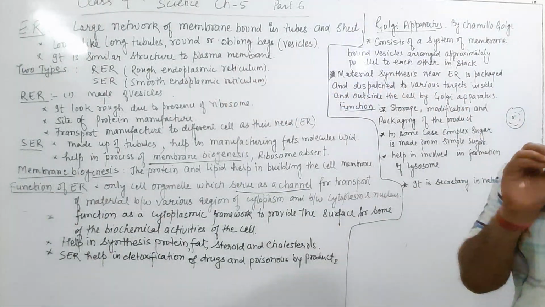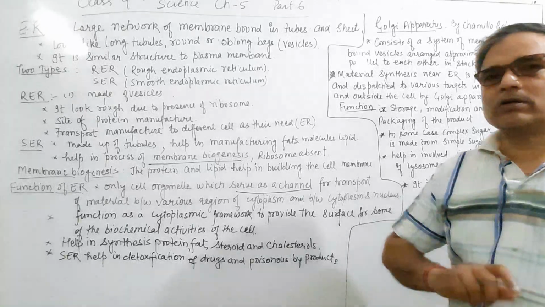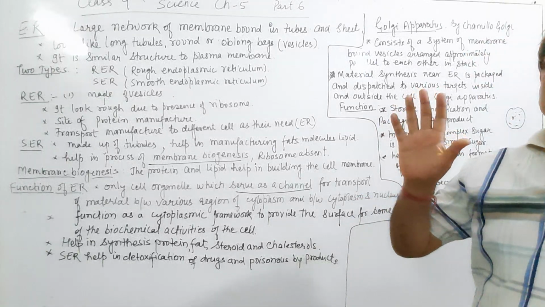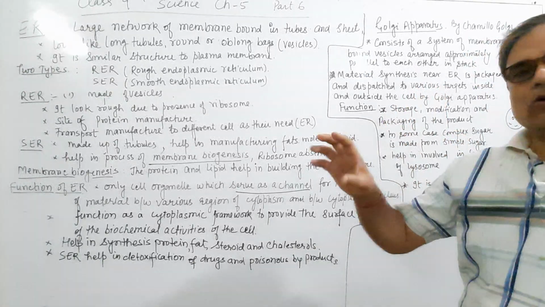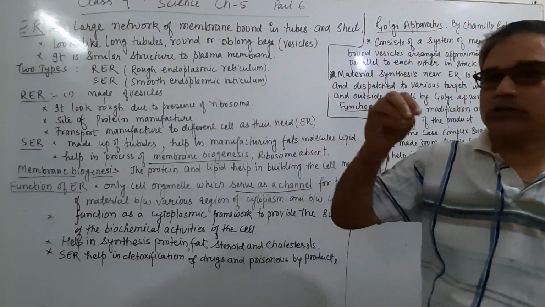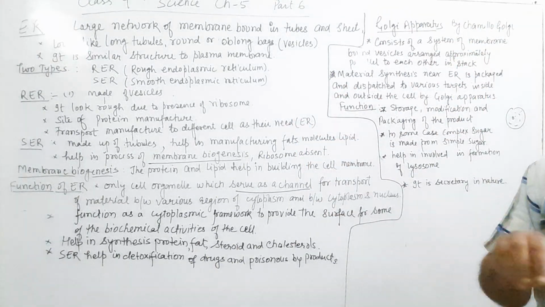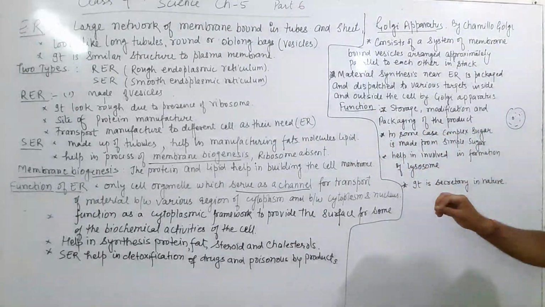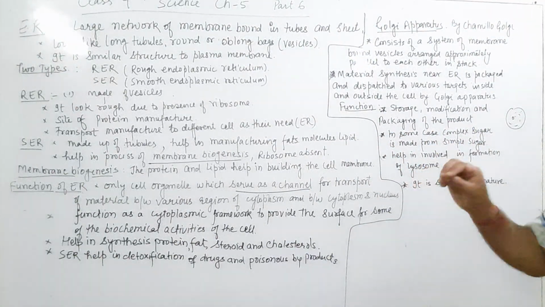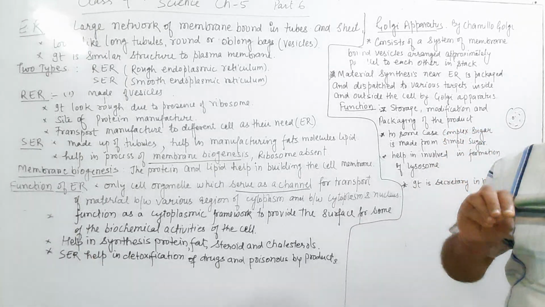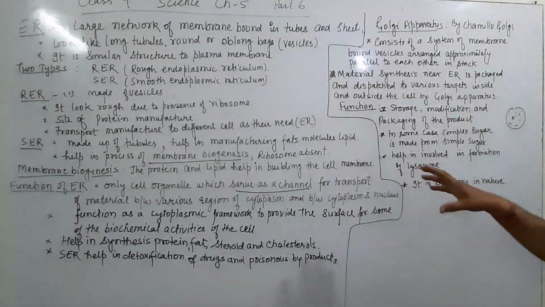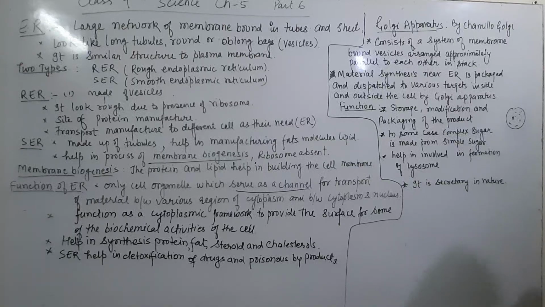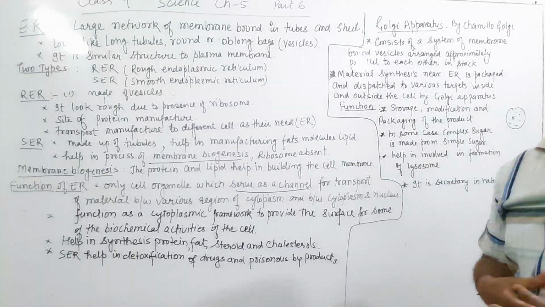I request you to solve the book exercise questions or any questions given by me, from sources within your syllabus. Please go through these question notes, use your time in a proper way, and we will discuss the next cell organelle in the next class.